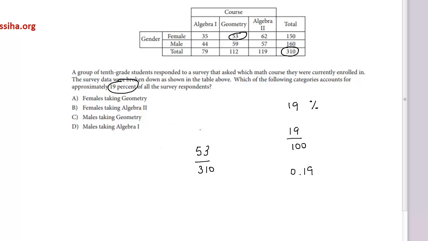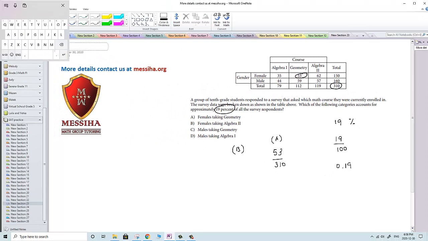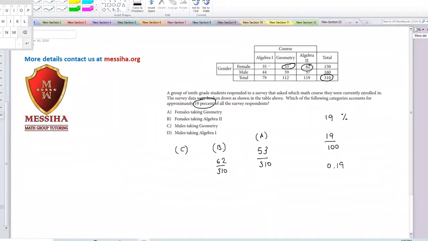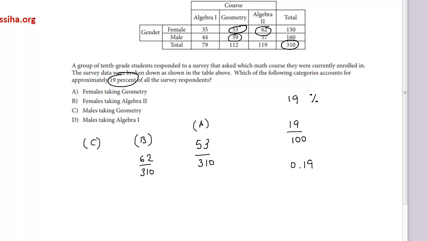This is choice A. Choice B is females taking algebra 2. That means 62, so 62 over 310. C, males taking geometry, so 59. That means 59 over 310.